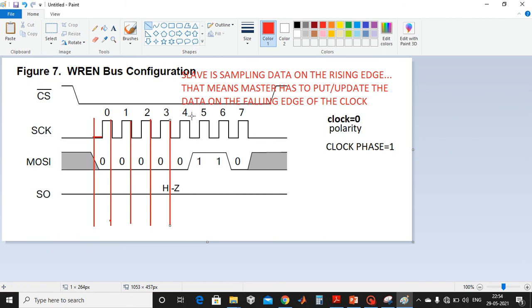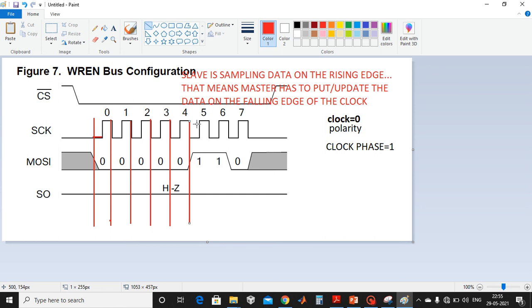Now this data transition is very important. You can see that at here the data is 0, and at this point master is updating its data from 0 to 1. Now let's see on which clock edge this data transition takes place. So you can clearly see that this data transition is taking place on the falling edge, because here is the rising edge, no data transition on this rising edge.